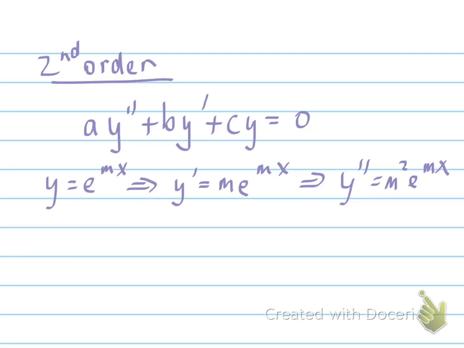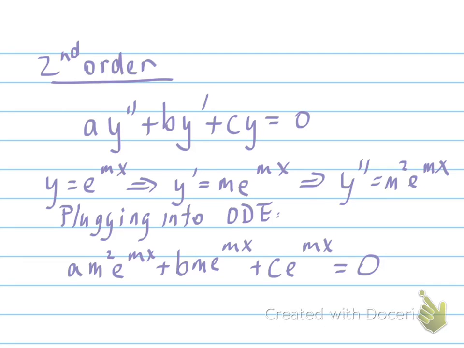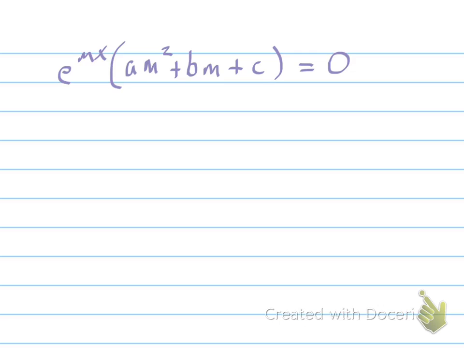If we put that into our second order HLEX, we see that we have the equation am squared e to the mx plus bm e to the mx plus c times e to the mx equals 0. And of course we can factor out an e to the mx. So we have that times am squared plus bm plus c equals 0.